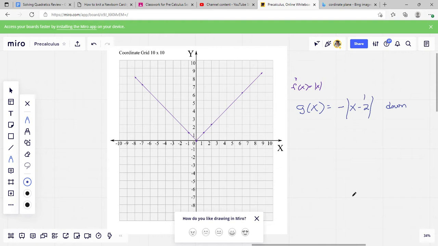Here's our h value. Our k value will be out here. So k is 0. Our h is positive 2, right? Because you have to change the sign. Which means that we're going to move right 2.